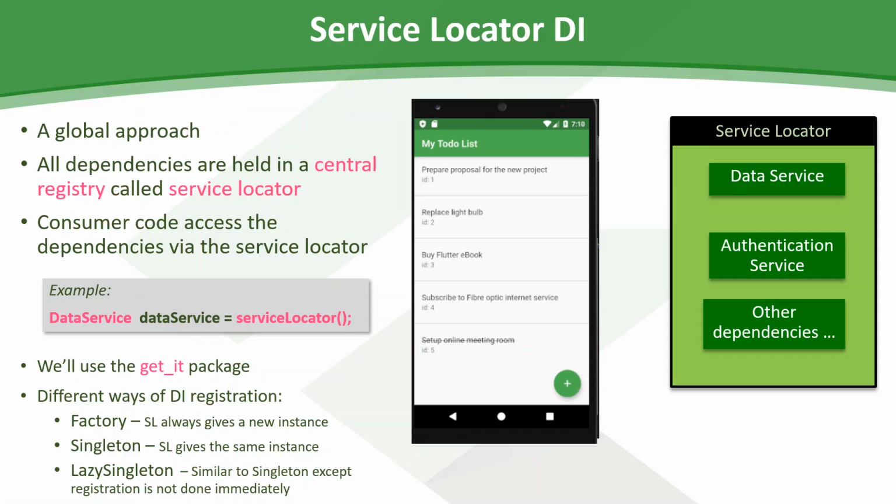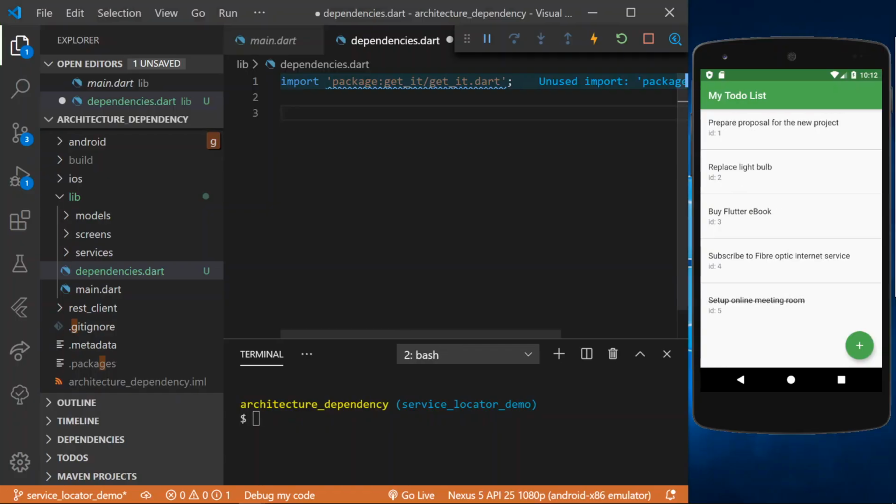I can start registering all my services here. In order to do that, I will create just a function. You can call this function whatever you like here. You can use setup dependency or initialize. Okay, I just use init here.